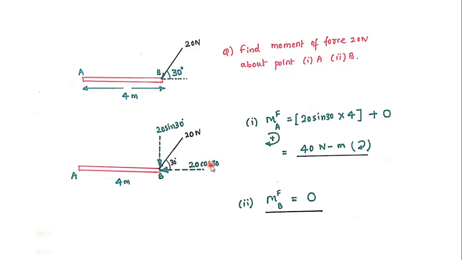This force will not try to rotate the rod with respect to point A, so it is 0. Remember that whenever a force is passing through a point, and we calculate moment about that point, it becomes 0. So it is 40 Newton meter, and if the answer is positive, we write clockwise in the bracket. This is the direction of the moment.